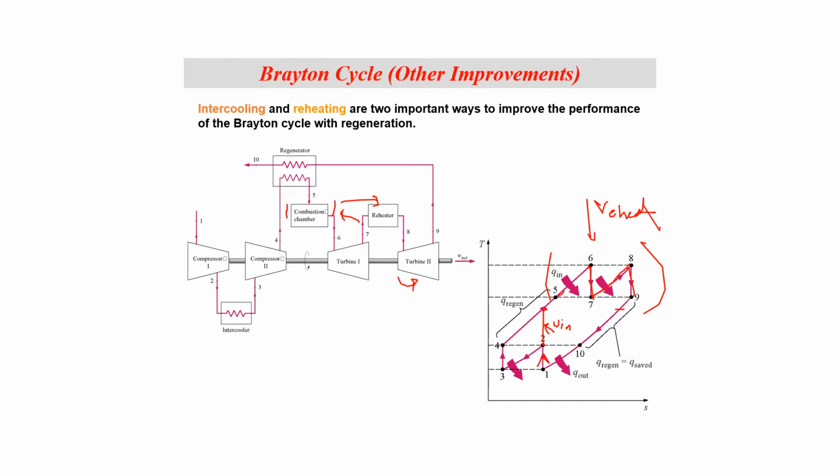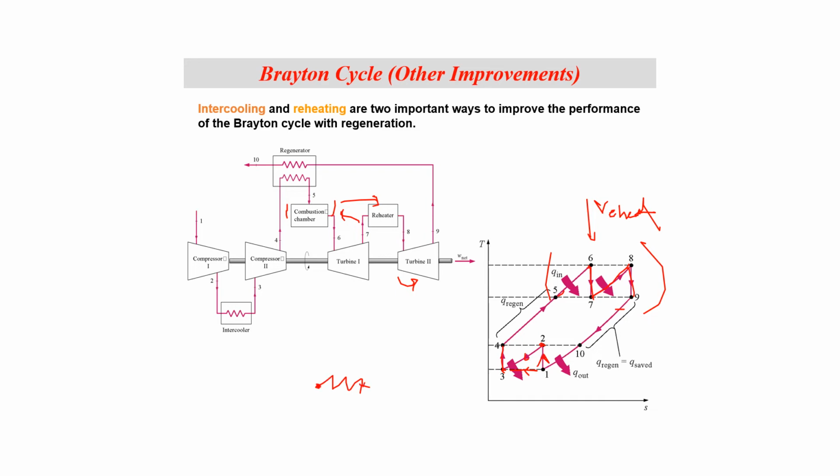So what we do is we actually allow the gases to cool down at an intermediate pressure, and then at point 3, which was the equal temperature of point 1, we again compress this gas to a final temperature, and we can do that again and again. So this could look like this.